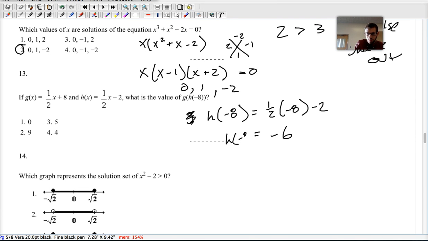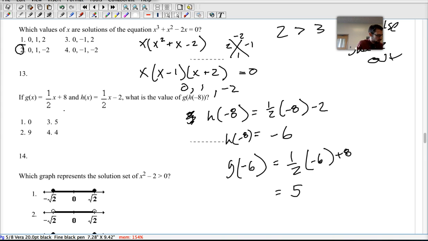H of negative 8 is equal to negative 6. And then I'm going to have to do g of negative 6. So half of negative 6 plus 8. So half of negative 6 is negative 3 plus 8 equals 5. So 13, the answer choice is number 3, which is 5.